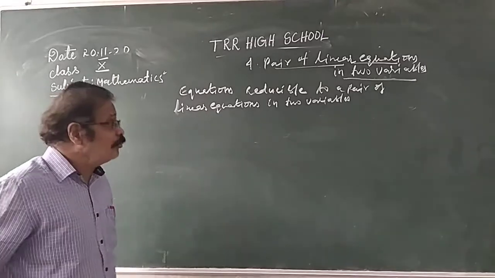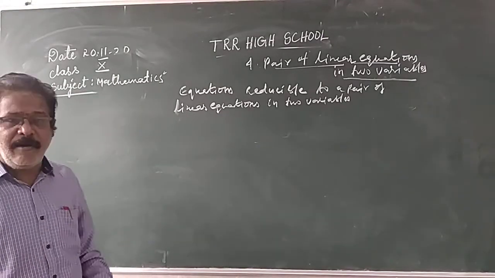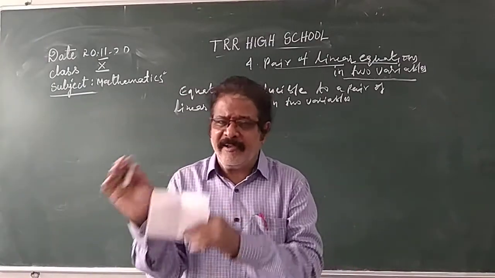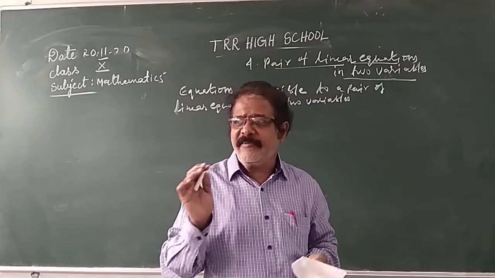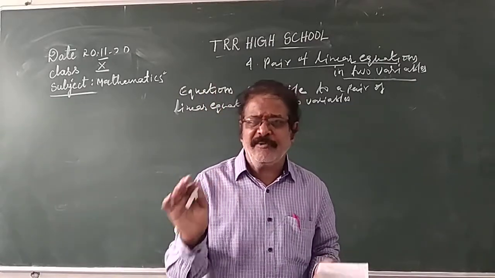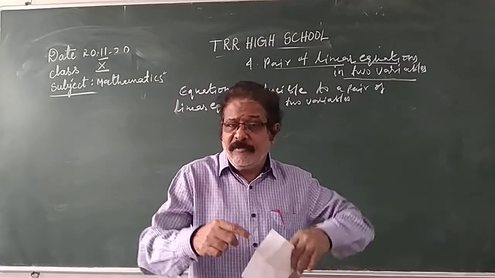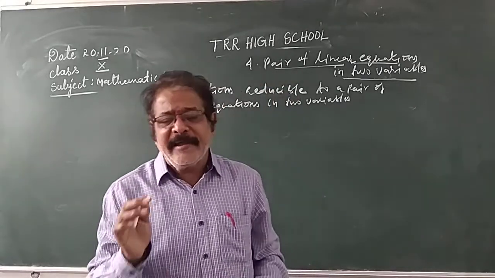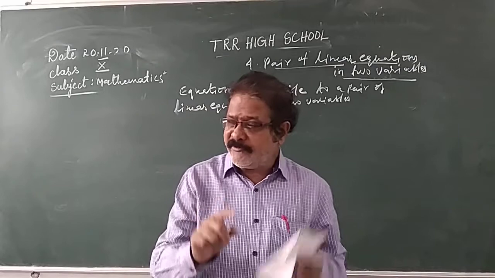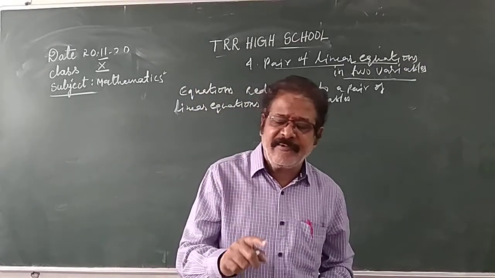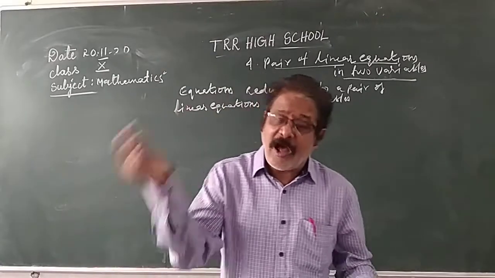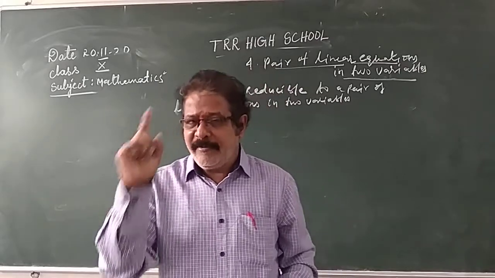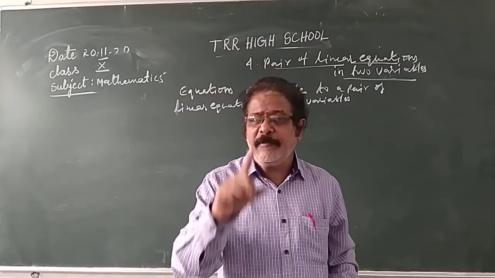Okay, so let us see how to reduce the equations. Reducible form means the pair of linear equations should be in the form of a1x plus b1y plus c1 equal to 0, a2x plus b2y plus c2 equal to 0. If they are not in that form, you try to bring them into the standard form. Standard form is what? ax plus by plus c equal to 0. If you want to solve the pair of linear equations by substitution method, elimination method or graphically, they should be in the form a1x plus b1y plus c1 equal to 0, a2x plus b2y plus c2 equal to 0.